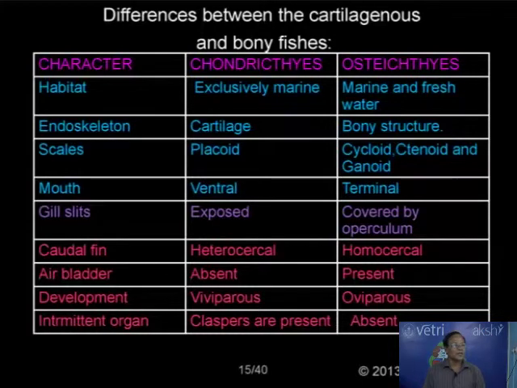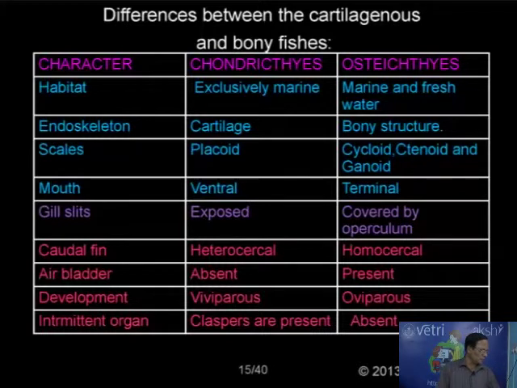An air bladder is normally absent in the cartilaginous fishes, that is why they have to swim vigorously to maintain balance, but here there is no need for this in bony fishes as they have the air bladder. Then development: here they are viviparous, giving birth to young ones, there they are oviparous. Then finally the intromittent organ.